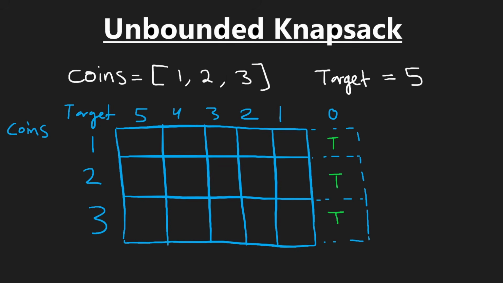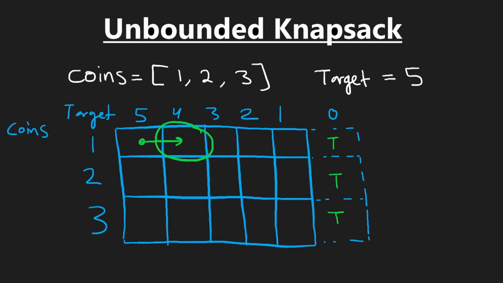But what's the difference with this unbounded and the 0-1? Basically the way that our grid is going to work, let's just go through an example. So similarly in this position, we're asking, can we sum up to the target 5 with all 3 coins available to us? So if we want to know if this value is true, how are we going to decide it? Well, if we decide to use the 1 coin, instead of going diagonally down right, we can go straight to the right.